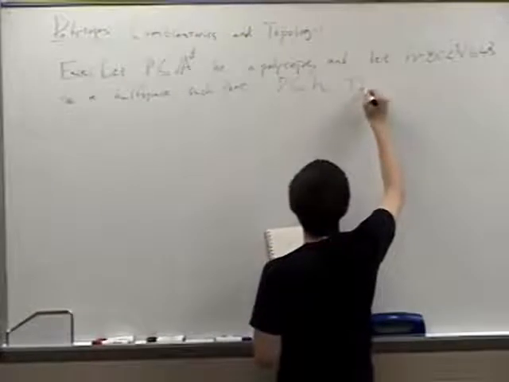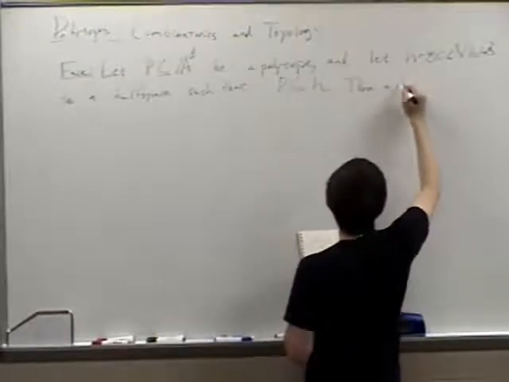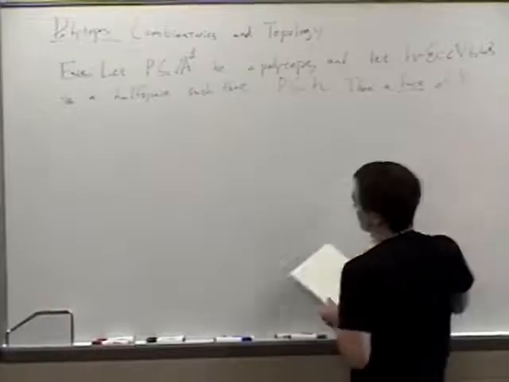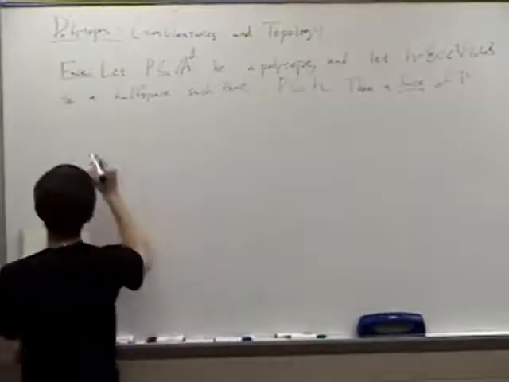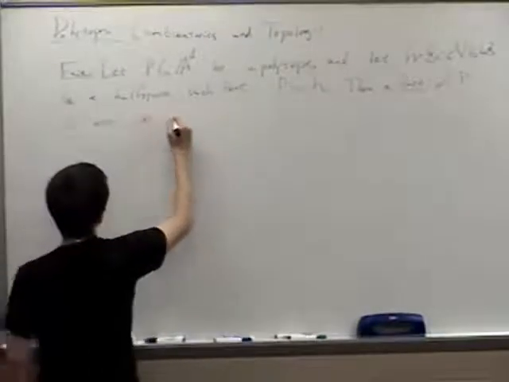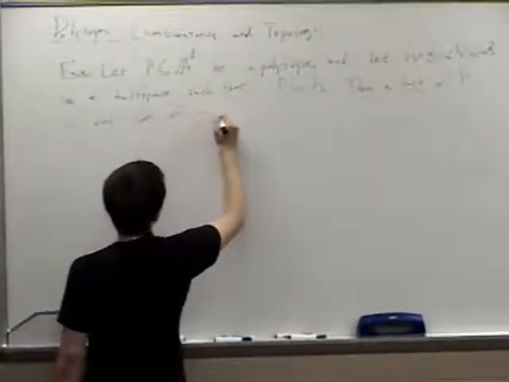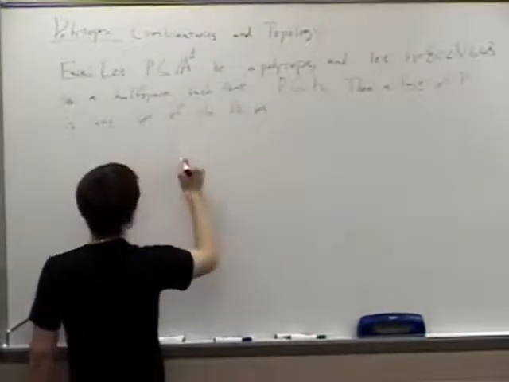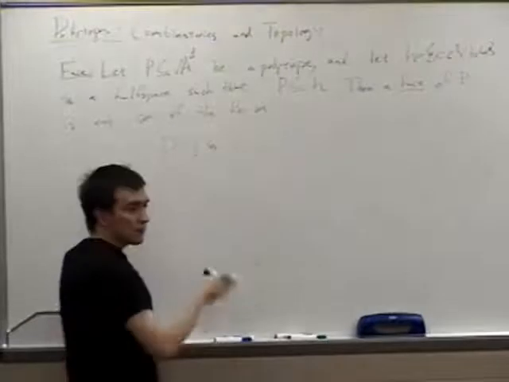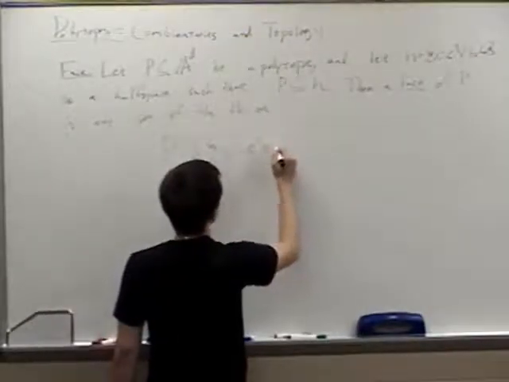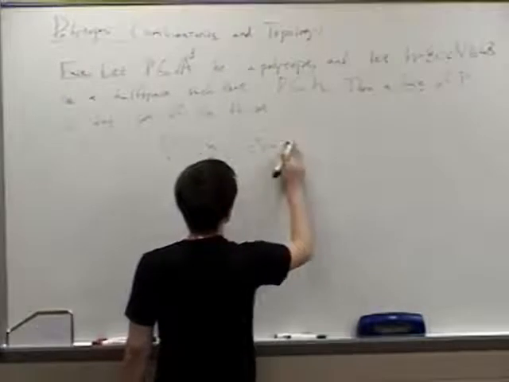Then a face of P is any set of the form P intersect with just the boundary line, right? So we're going to basically take the set of all x such that c transpose x is equal to c naught.